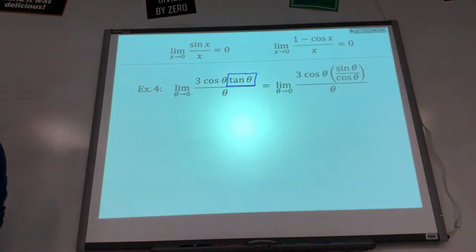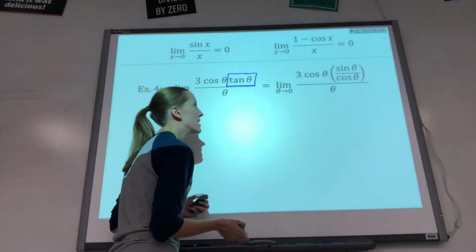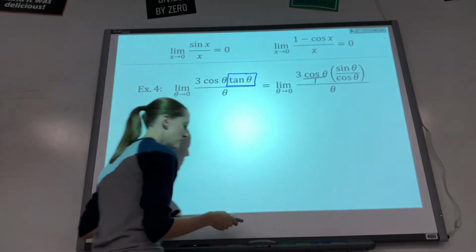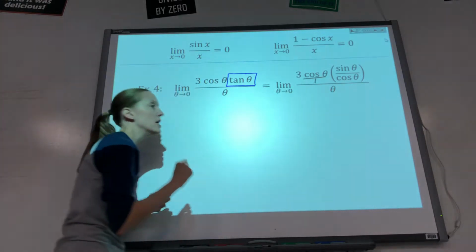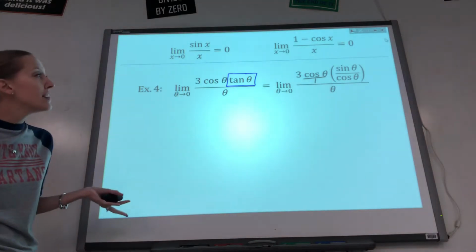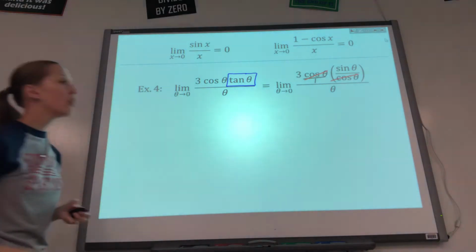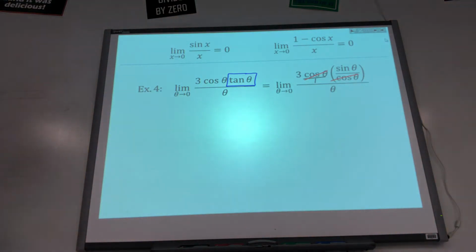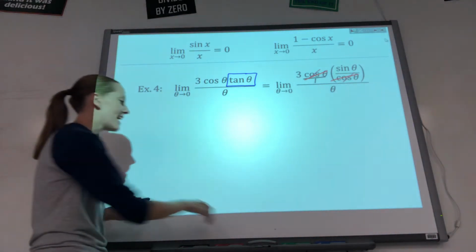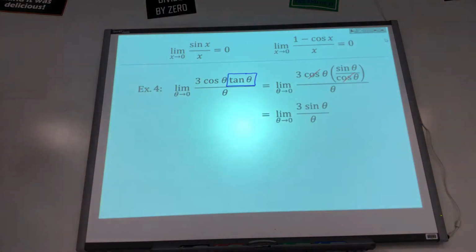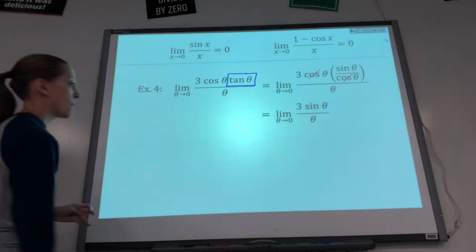And this is where good things start to happen. I'm going to think of this cosine of theta out front as over 1 if you want to, but basically those cosines are now gone, and it has just turned into the limit as theta approaches 0 of 3 sine of theta over theta.